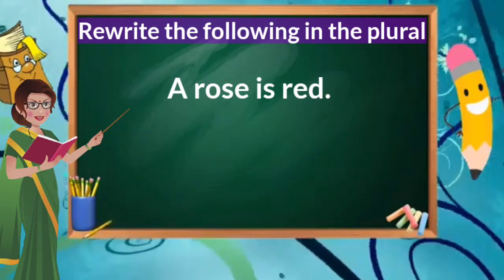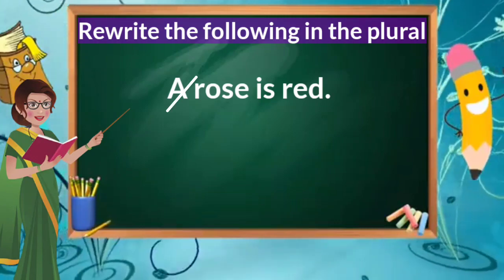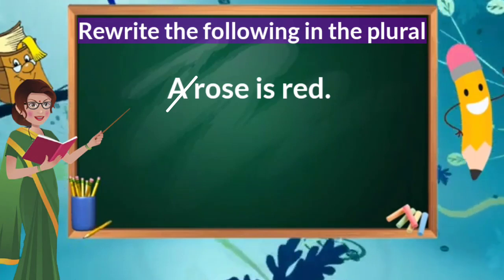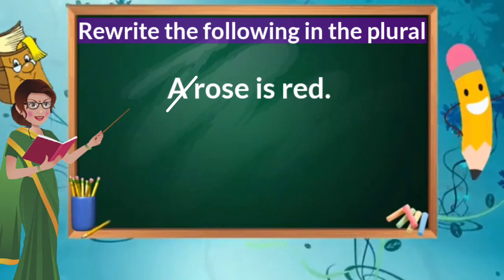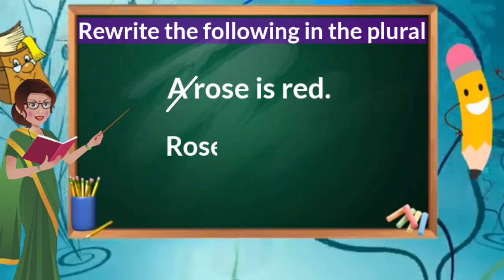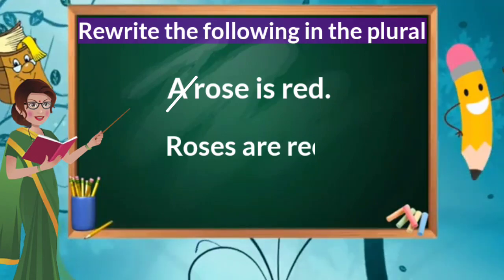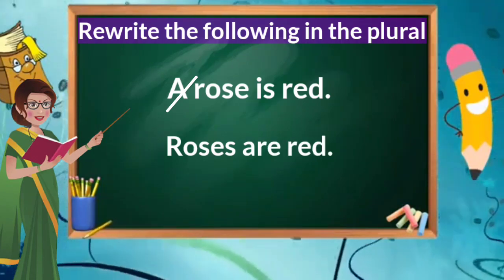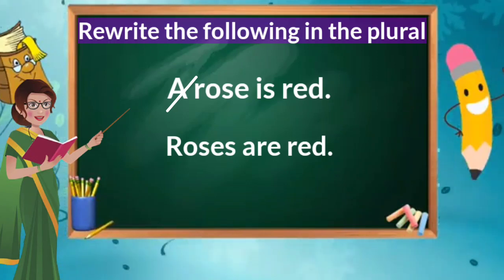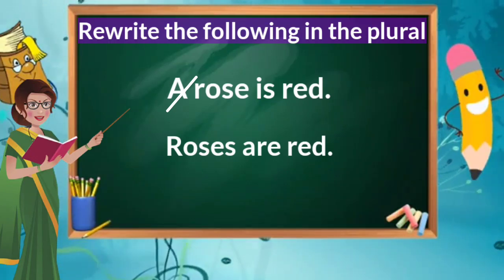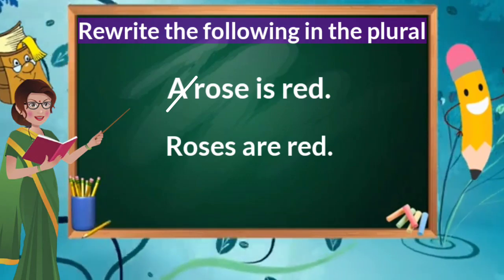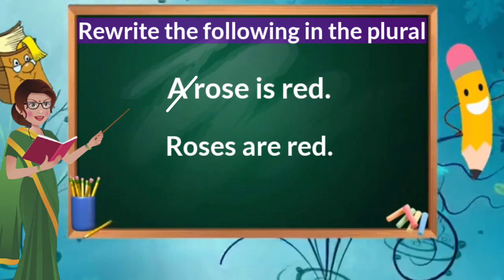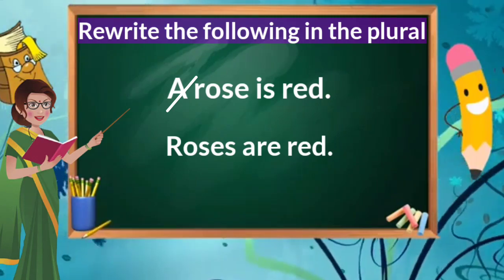Now we just take out only a, nothing else. Now we have three words. Rose is red. Make it plural. Roses are red. Don't write s after red, because red is an uncountable noun. So here we can't make it plural. So roses are red.